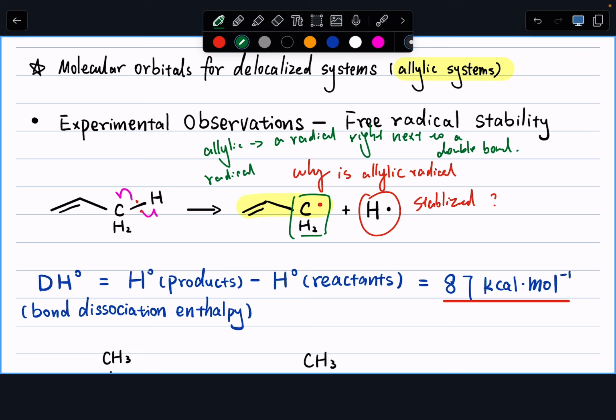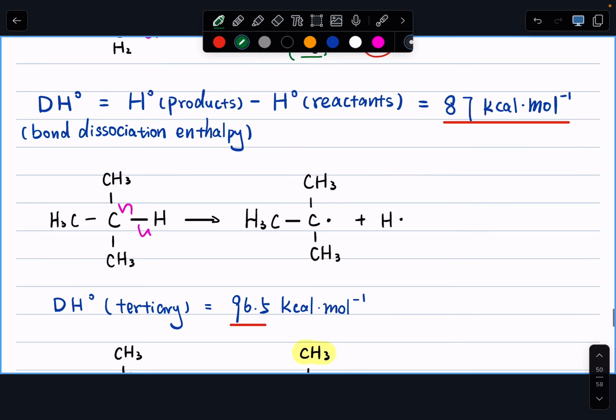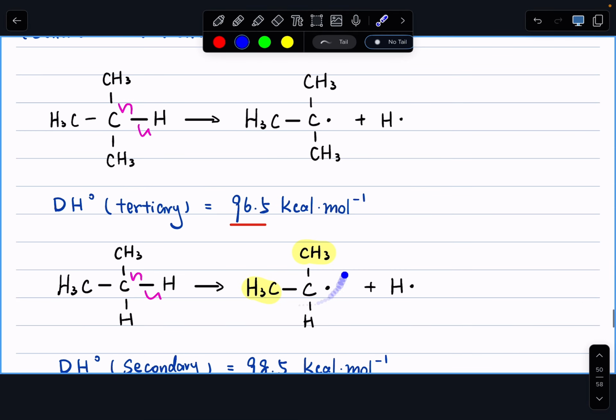But for now, polarity does not come into play, because when we're looking at tertiary, secondary, and primary, we're only looking at whether the carbon is attached to a hydrogen or a carbon. Hydrogen and carbon have pretty similar electronegativity, so in both cases polarity doesn't come into play. In all these cases, we're thinking about that bond being pretty nonpolar.